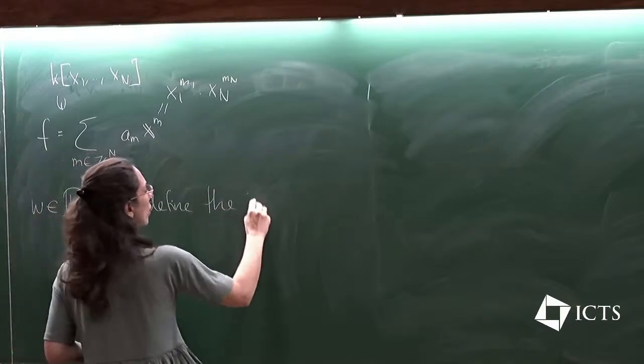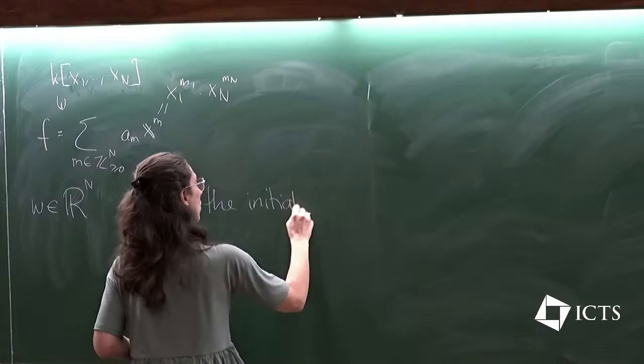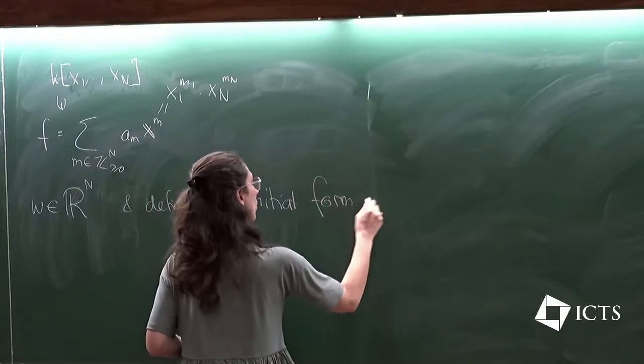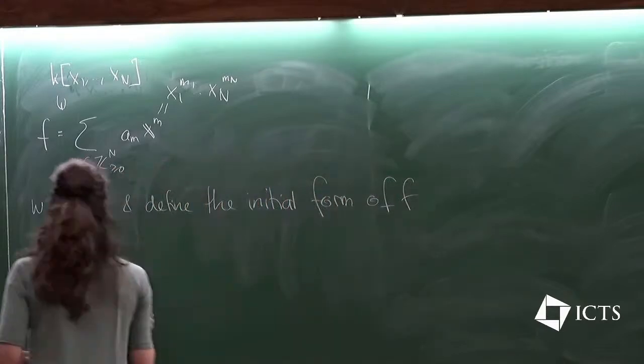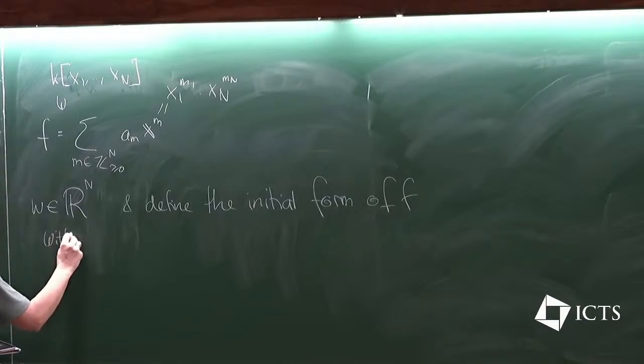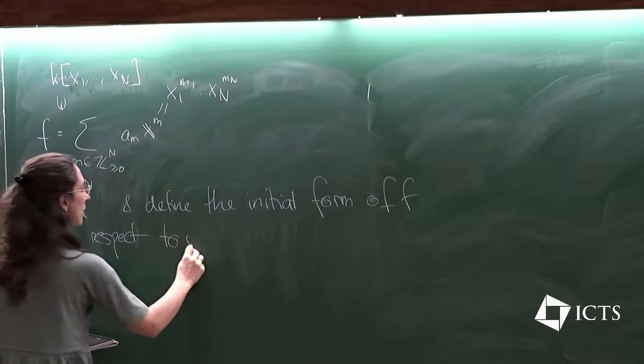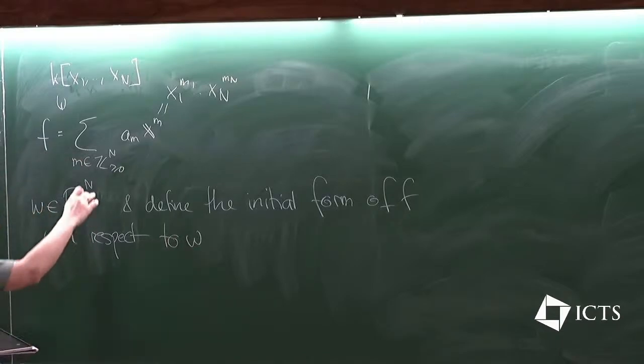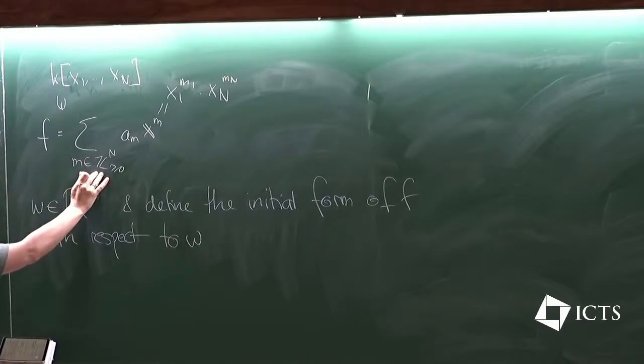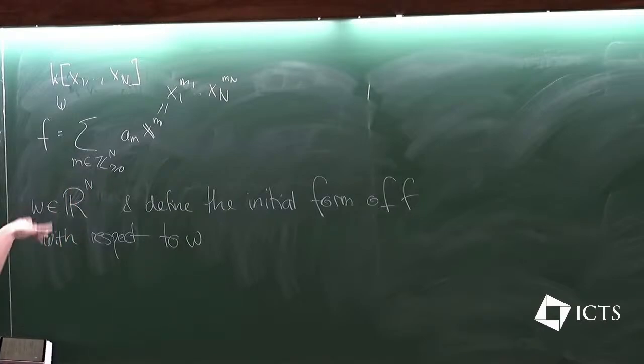the initial form of f with respect to w as a sum of monomials that occur in f, but I'm going to drop out some monomials, and this vector is going to dictate which monomials I drop.